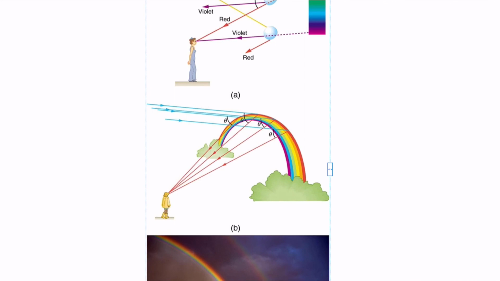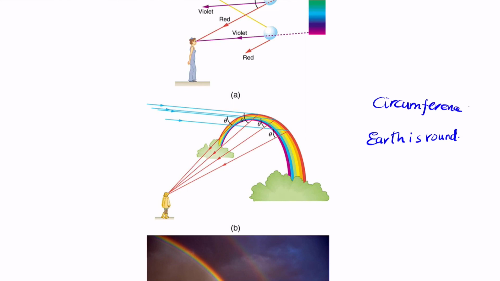So why do you see it as a semicircle? The semicircle is because the Earth is round. Because of that, the light that falls will always form along the circumference of the Earth, and that's why it generally creates a semicircular shape.